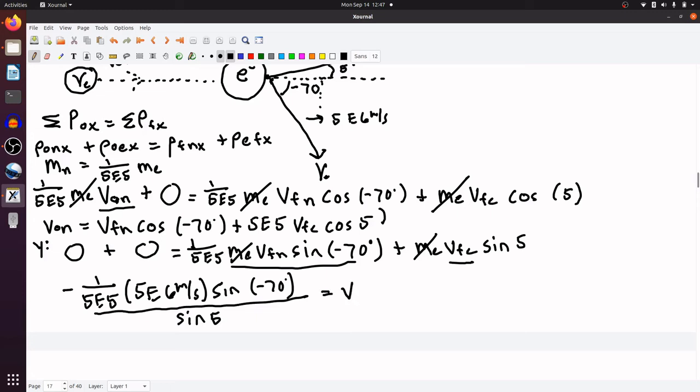I have a second page here and I'm running out of room. All right, so negative 1 divided by 5e5 times 5e6 times the sine of negative 70. Boom. Divide that by the sine of 5. It's going to give me 107. We're just going to say 108.